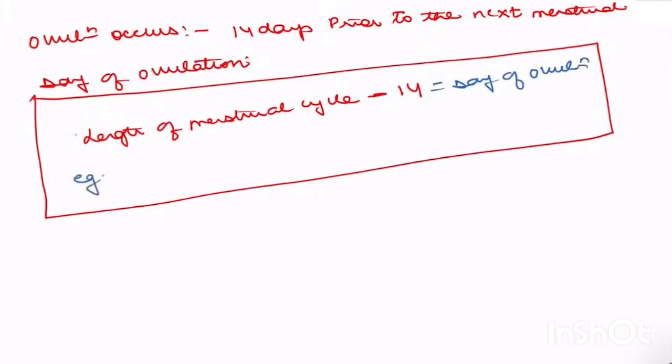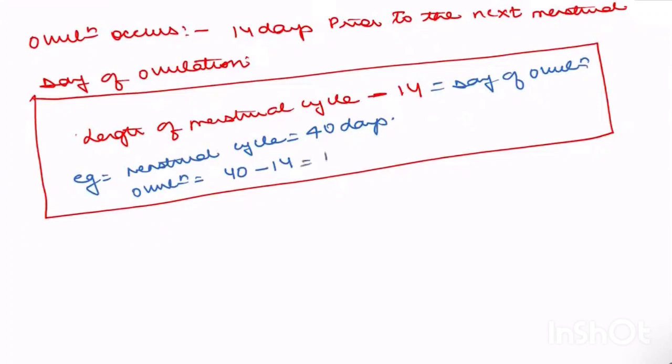So example, किसी फीमेल की menstrual cycle 40 days की है, and I ask you कि tell me when will she ovulate. तो ovulation कब होगा? 40 minus 14, right? 40 में से 14 माइनस करोगे, that is day 26 of the cycle.